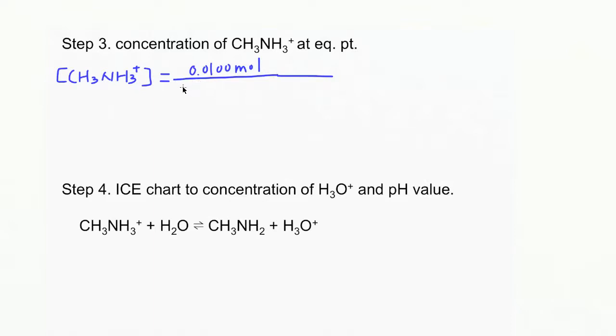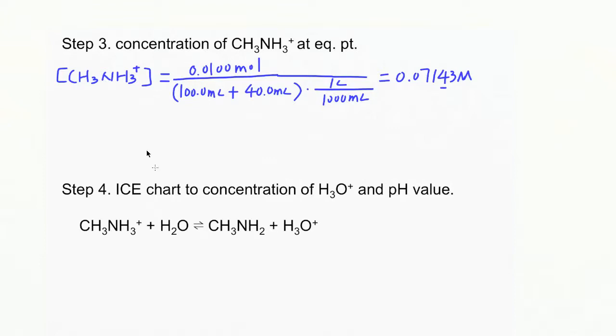You start from 100 ml of that weak base, and you need 40 ml of the strong acid to reach the equivalence point. You add them together, that is a total volume of the solution at equivalence point. In order to do the calculation of molarity, you convert that to liter. And my calculation is 0.07143 mole per liter, 3 significant figures.